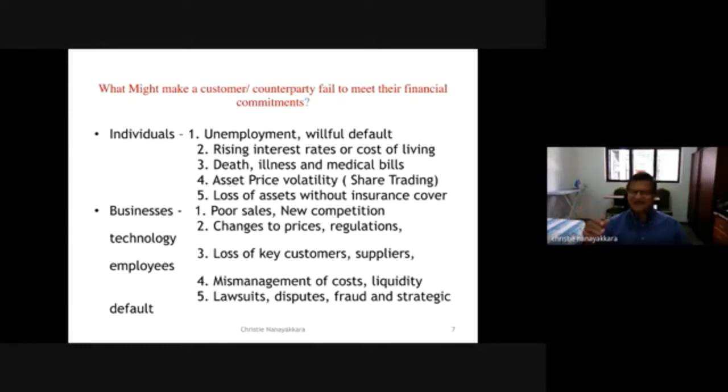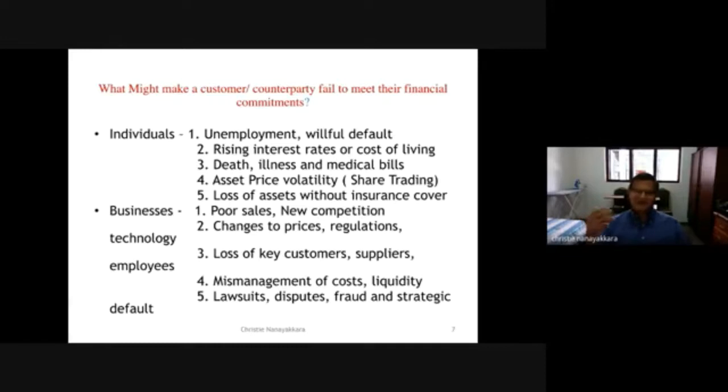As a result, they have lost that particular business, and now they are unable to service their loans. So businesses could make losses due to poor sales, new competition, changes in prices and regulation. As a result, they end up with non-payment of their financial commitments or the loans taken. Then we run the risk of credit risk.